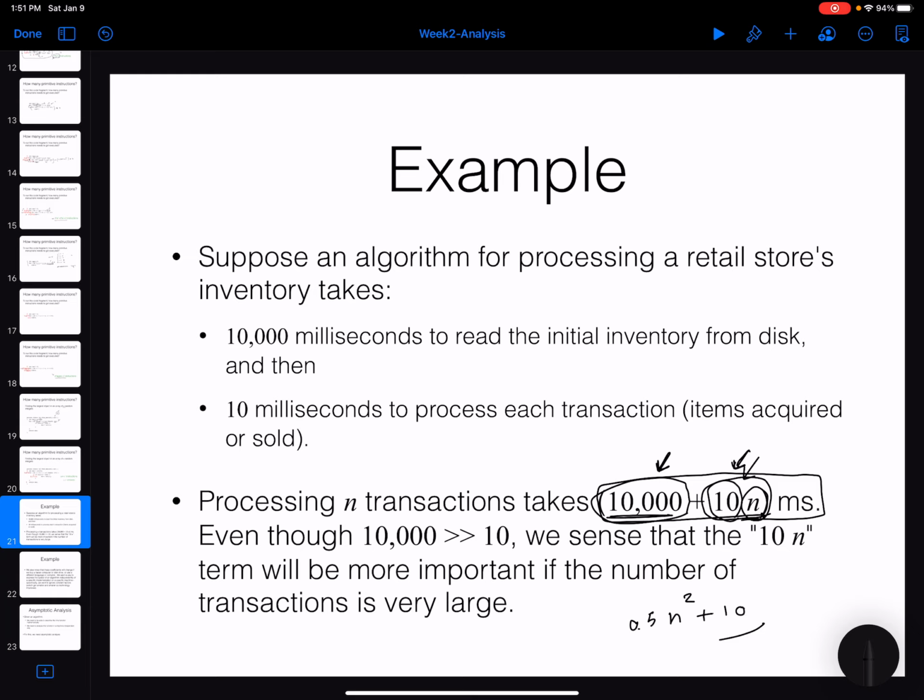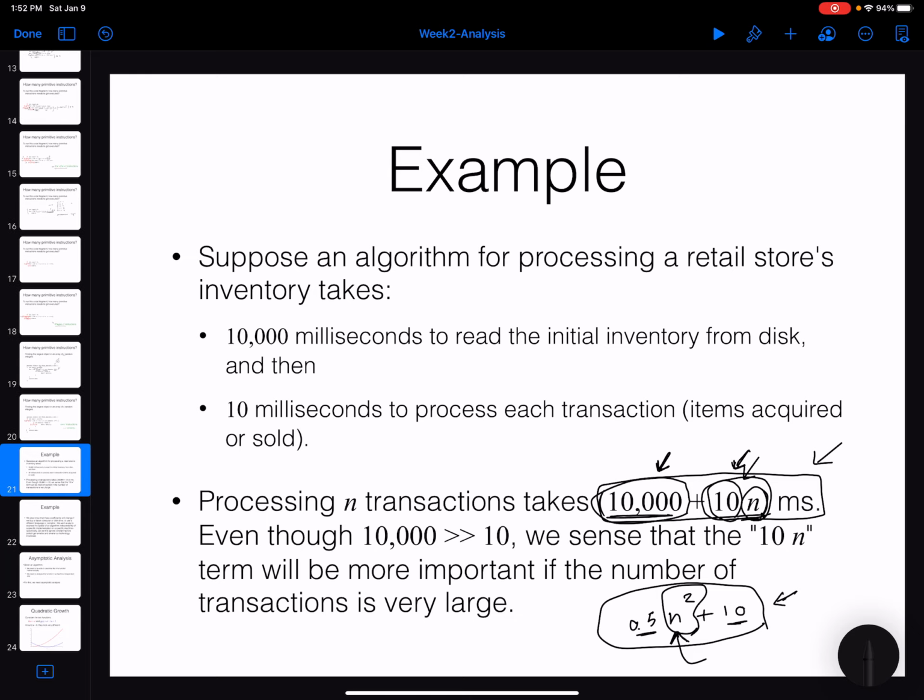If you have another algorithm that would take this amount of time, you would definitely get the sense that this algorithm is going to be way better than this algorithm. Why? Because the coefficients are not really that important, but the time will basically depend on these terms of n. Okay, so this is exactly what we discuss in asymptotic analysis.